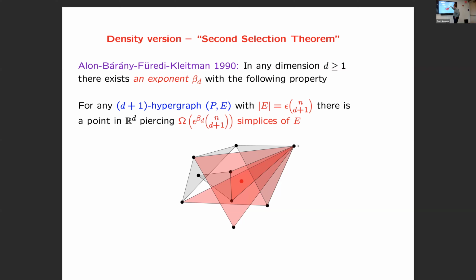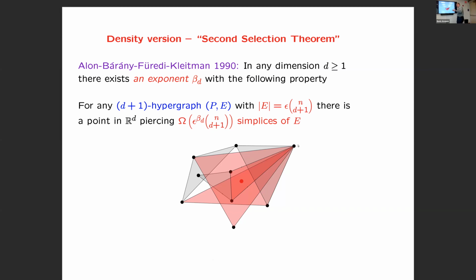You have this fraction of edges of the possible d+1 tuples, and the second selection theorem states that there is always a constant exponent, so that in such circumstances you are always going to pierce at least epsilon to this exponent beta fraction of the simplices.